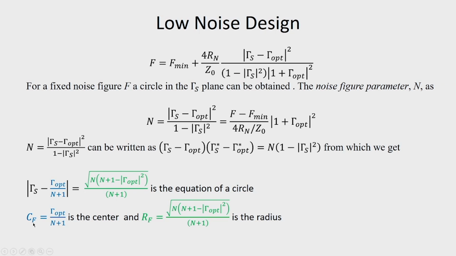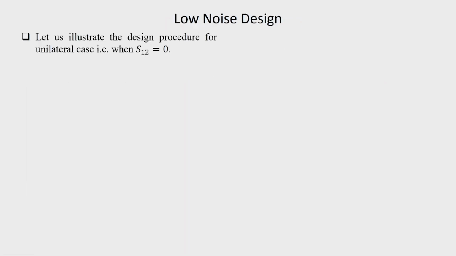Now, we see that gamma opt is a complex quantity, and this center C f will lie along a line defined by the angle of gamma opt in the Smith chart. So, let us illustrate the design procedure for the unilateral case, that is when S12 equal to 0.